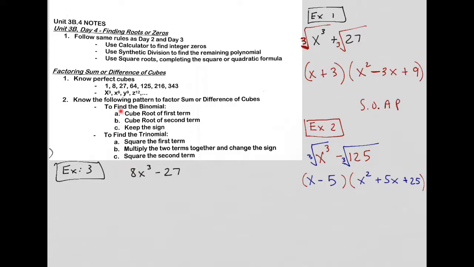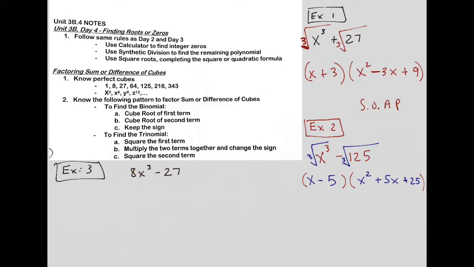Is that a perfect cube? Yes, it is. Is that a perfect cube? Yes, it is. When you have a number out front here, you always want to look at it and see, okay, is there a GCF? Is there something that will go into both of these? No, there's not.